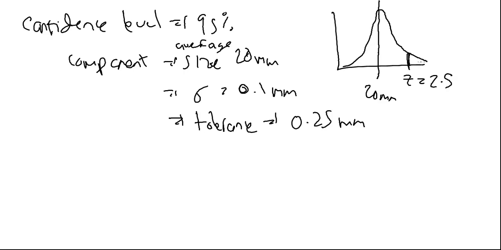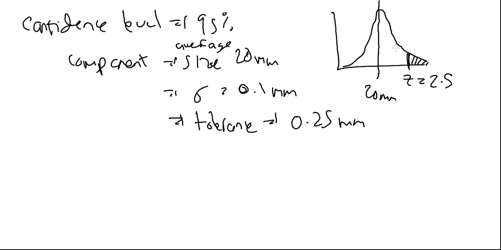And when we look up the table book, that tells us the probability of the component being bigger than the tolerance. So, the ones that would be rejected.